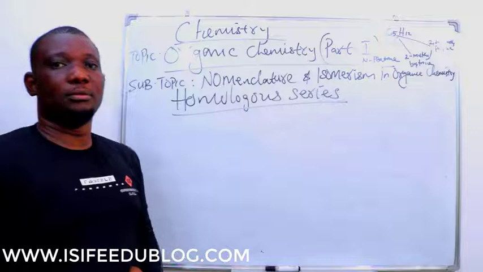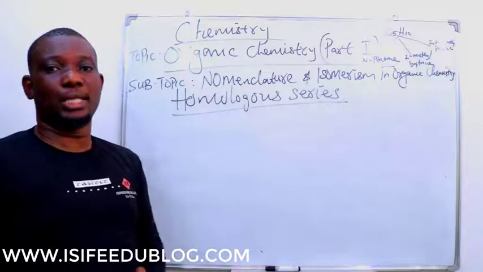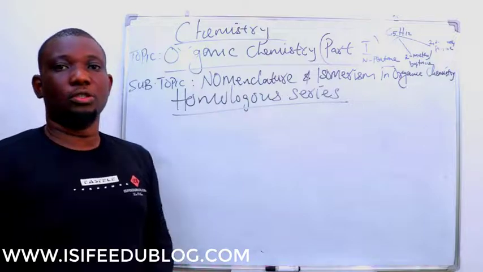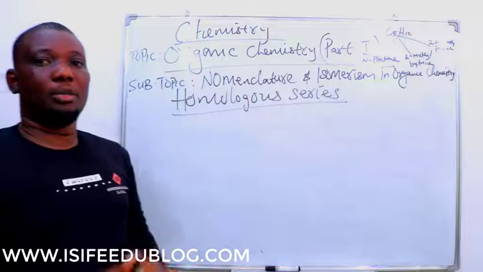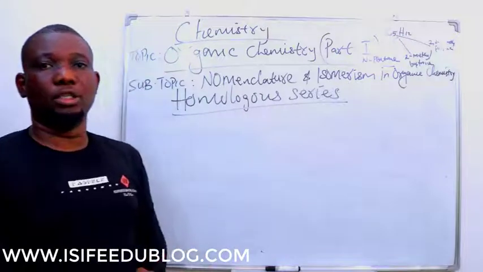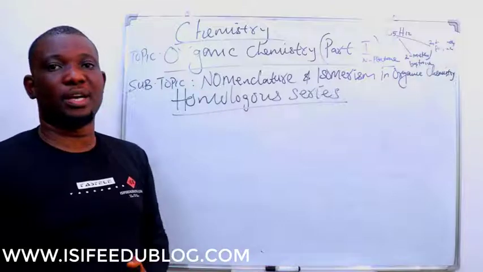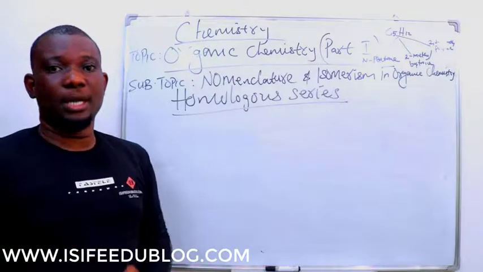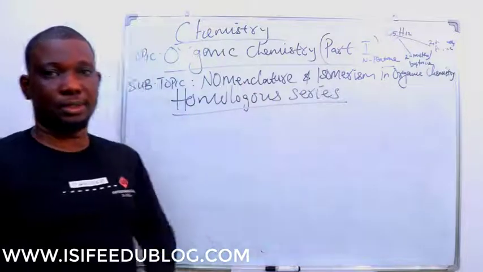The reason they are numerous is the exceptional ability of carbon to show the properties we just discussed earlier. And because there are too many organic compounds, they are further classified into families, and these families are called homologous series.